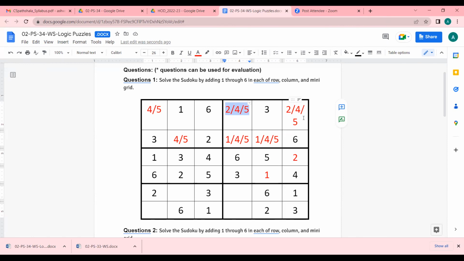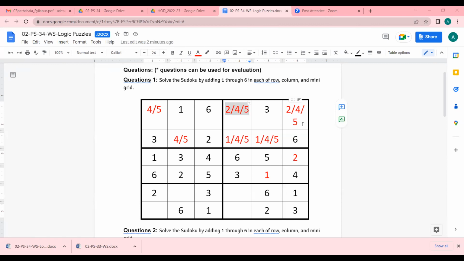Teachers, please check the row and column. Ashwini, in the last row, only 5 is there; 2 and 4 are eliminated. In the last column, 5 is fixed. Why do you say 5 should be fixed?